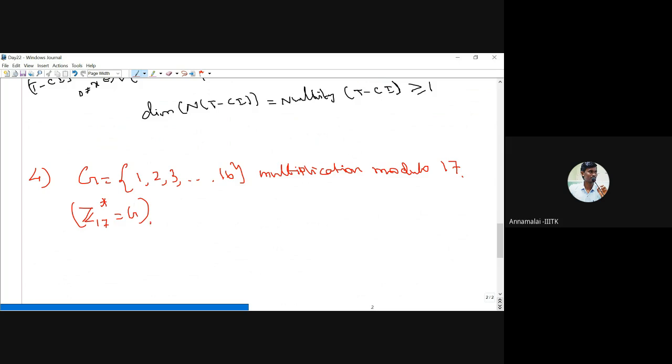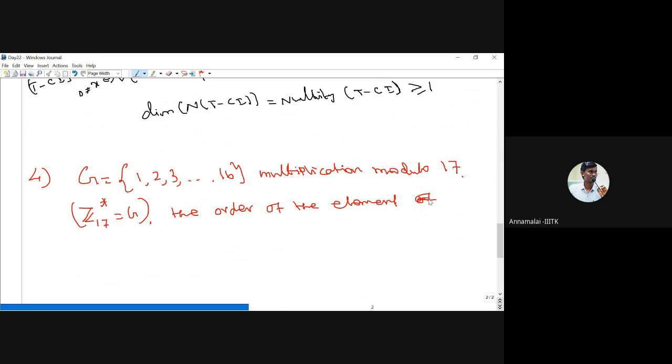Question is, what is the multiplicative inverse of 3? So sorry, they are asking what is the order of, not the inverse, the order of the element 3. What is the order of an element?